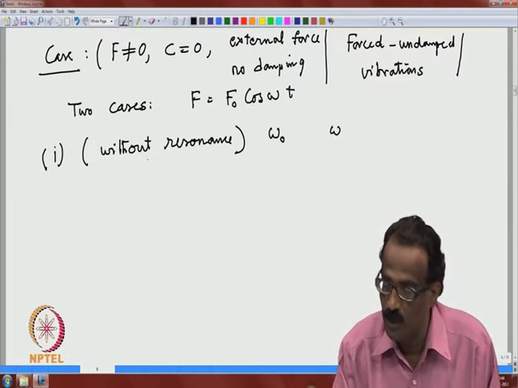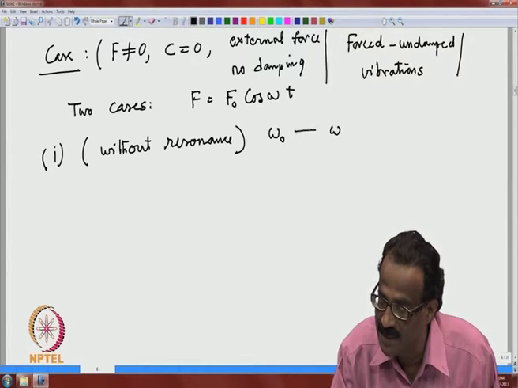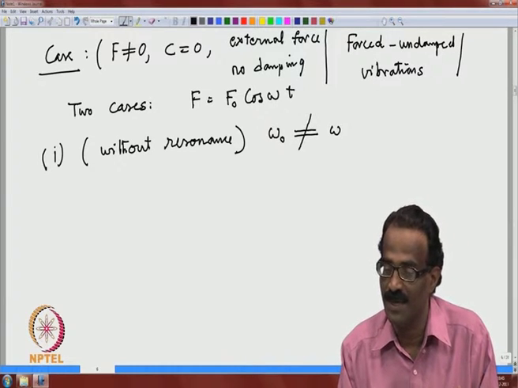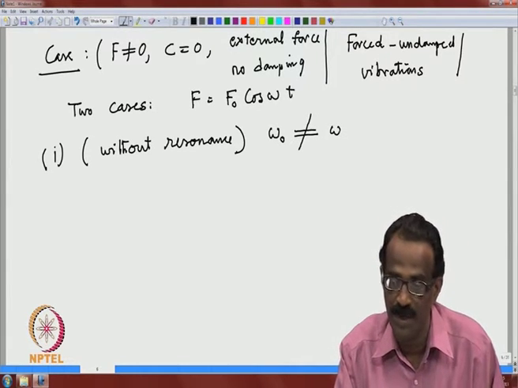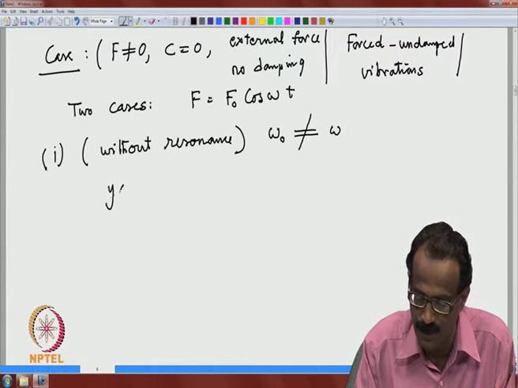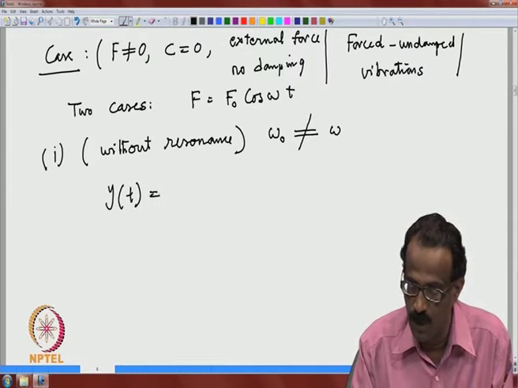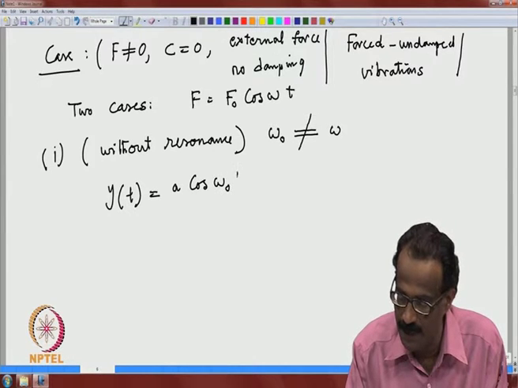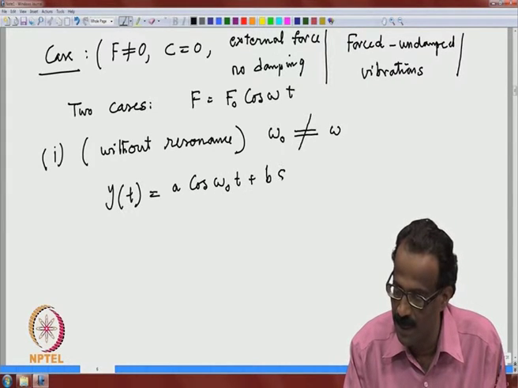Without resonance is the case where the external frequency is different from the natural frequency. This is not the most interesting case; you can just write down the solution y(t). You have a solution of the homogeneous system, which will look like a cos omega naught t plus b sin omega naught t, very easy.